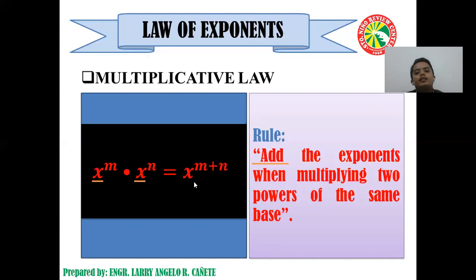So that is x raised to m plus n. This is the formula. In case this is x and this is y, you cannot combine the two variables, and you cannot add their exponents since they have different bases. It should be the same base before you add their exponents.